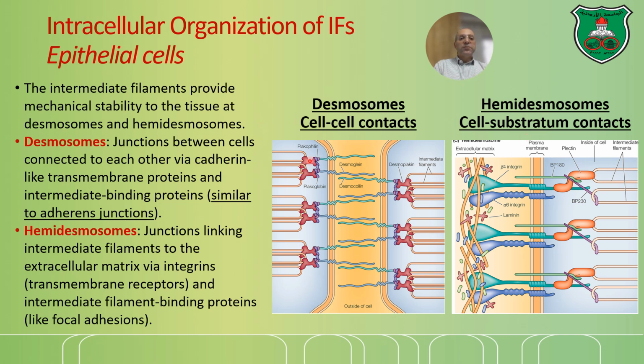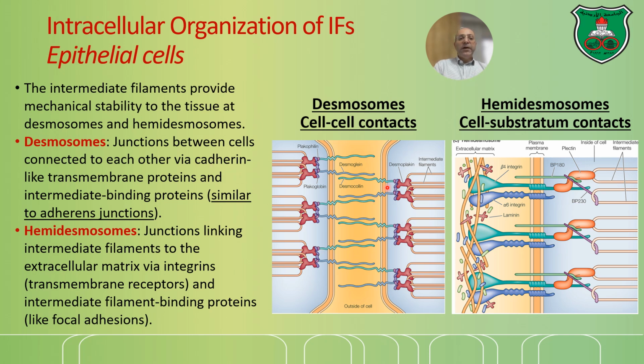Now, desmosomes, what we have in here is this interaction between receptors, transmembrane proteins of both cells. So one coming out of one cell and the other comes out of the neighboring cell. And they contact each other. An example is cadherin-like transmembrane proteins.